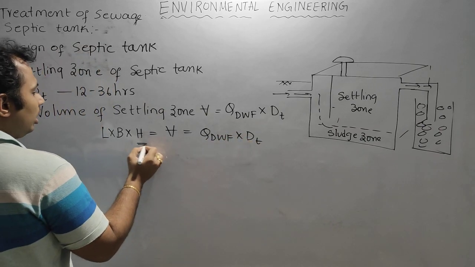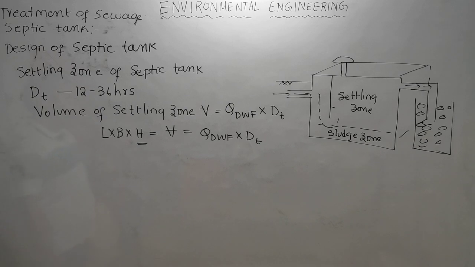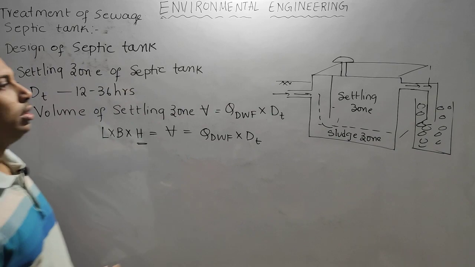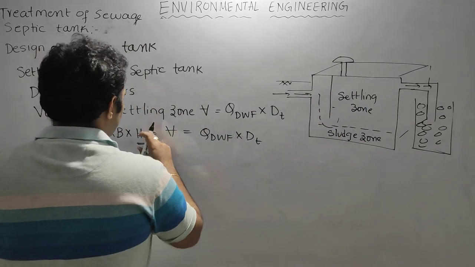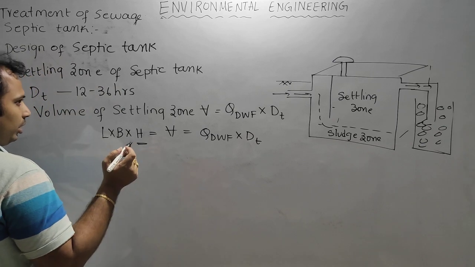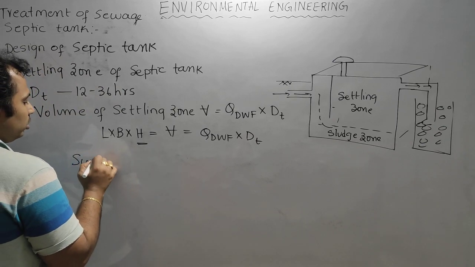Now if you assume the height of the settling zone, which is the liquid depth, what is the depth of liquid you are designing? Then you will get the surface area of the settling zone.